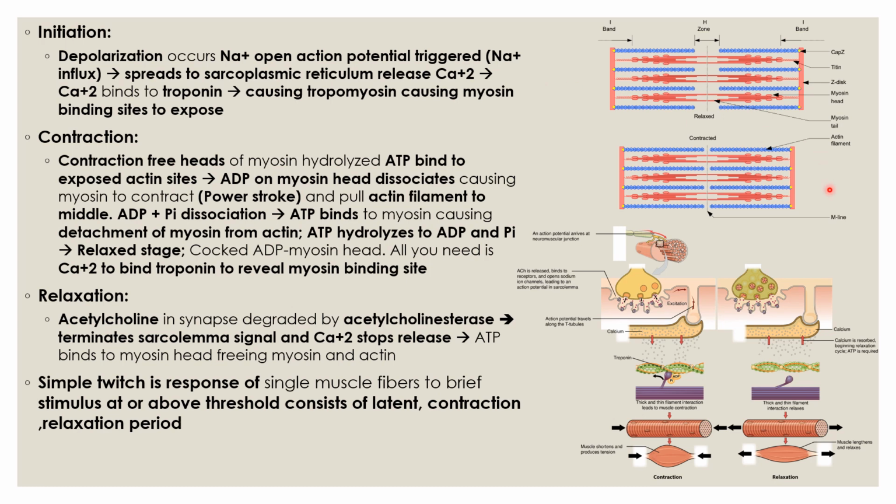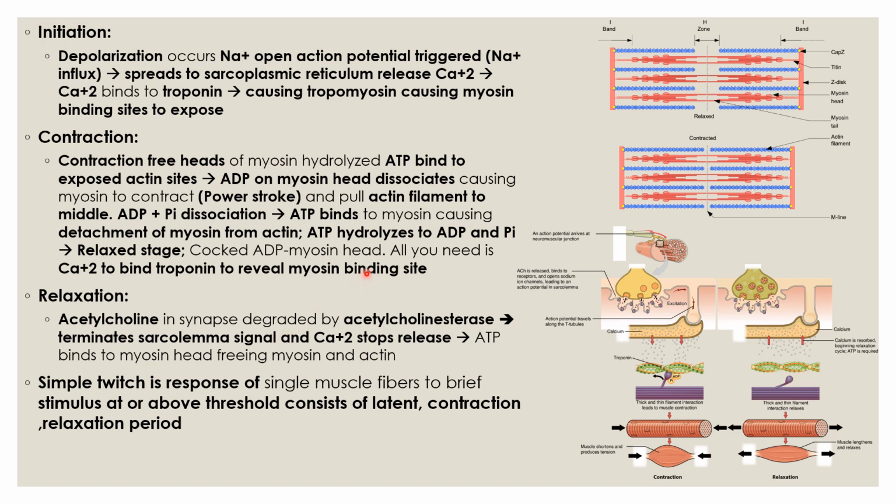It also pulls the actin filaments on the outside to the middle. You see how this is contracted and this is relaxed. Then ATP binds to myosin again, causing the detachment of the myosin from the actin. ATP binds to myosin in order to detach or release the contraction, and ADP causes the contraction.